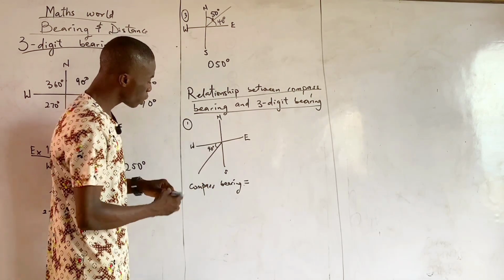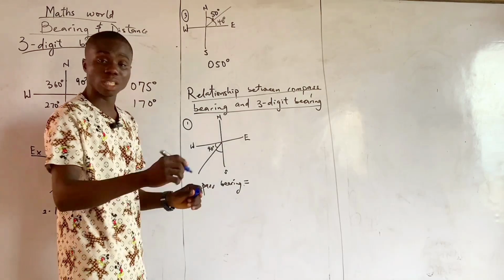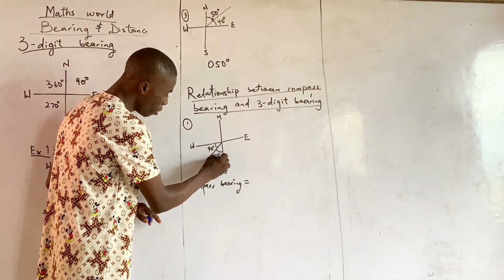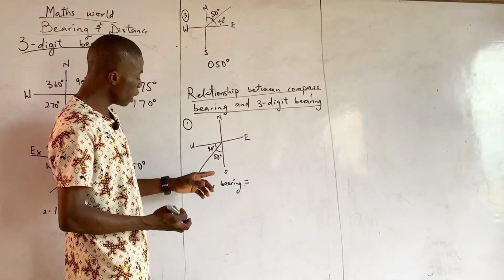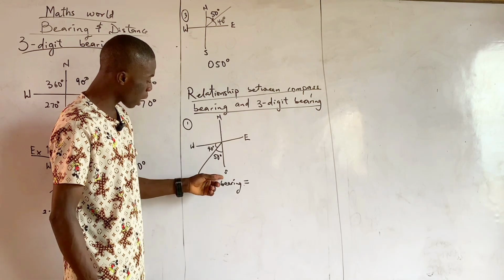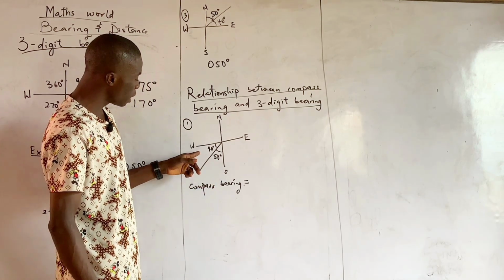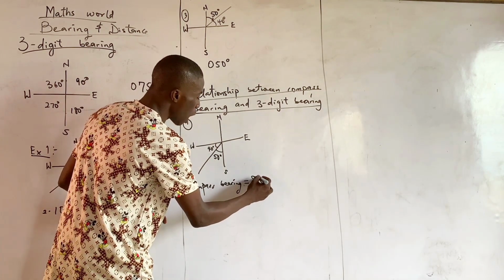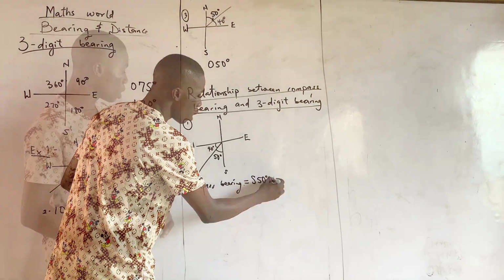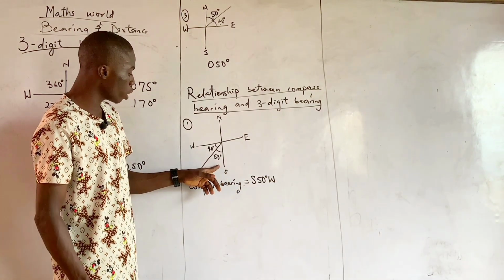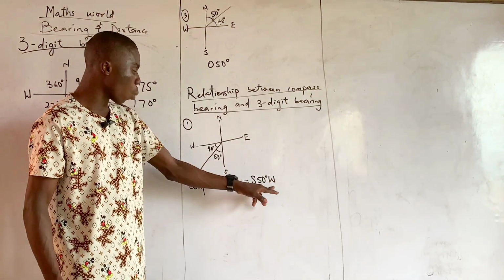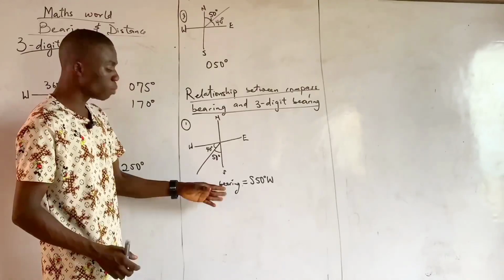So here is 40. The remaining part here will be 90 minus 40, which is 50 degrees. So since the remaining part is 50 degrees, we say south 50 degrees west, which means south going to 50 degrees west. Do you understand? That's how compass bearing is.